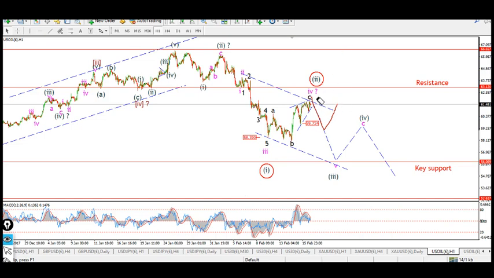If we get a lower high, then we're looking at the alternate count, and we'll be seeing a larger acceleration to the downside ongoing over the next few weeks.